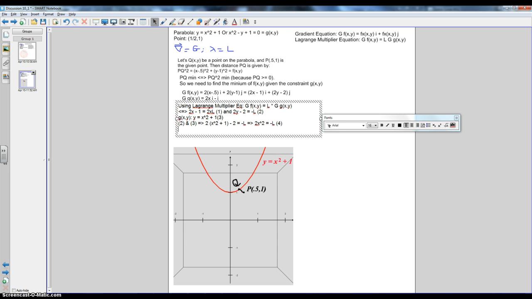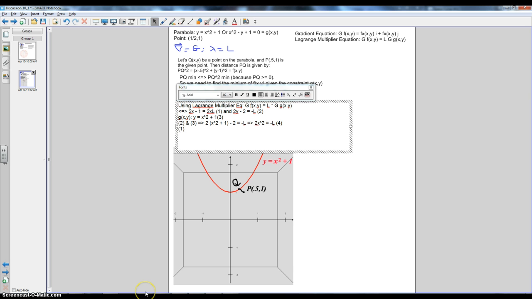Let's call this one 4. Let's make some arrangement to 1. So we have 2x minus 1 equal 2x lambda. It means 2x times (1 minus lambda) equal 1. Let's call that 5. Replace 4 into 5. We have 2x times (1 plus 2x squared) equal 1.